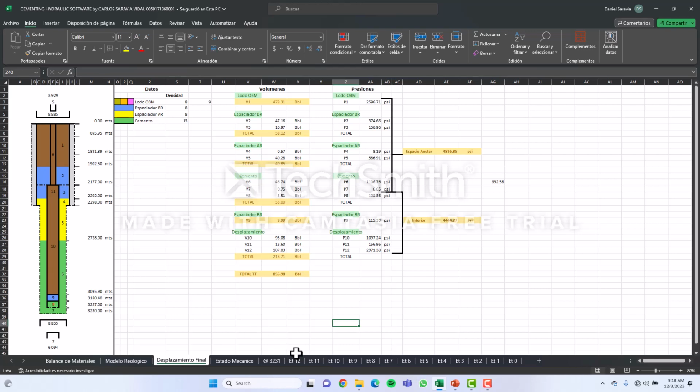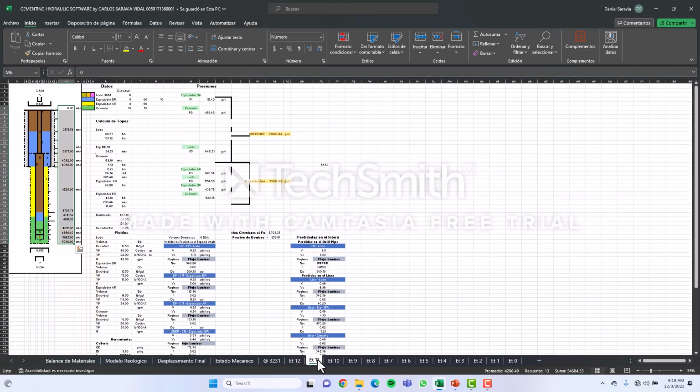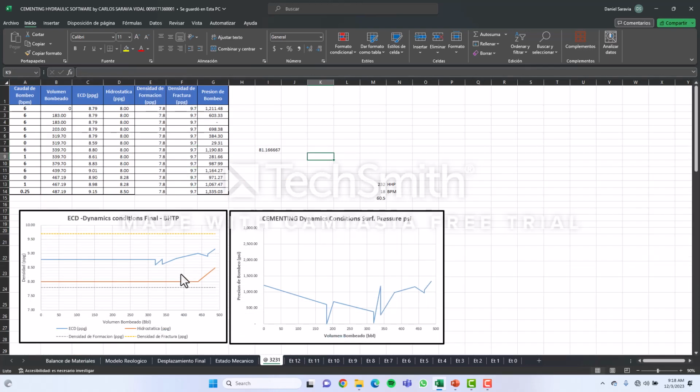That means every tab calculates the ECD in dynamic conditions, to operate under the normal window, where the ECD must always be over the reservoir pressure. Why? Because we need to control the well to avoid any gas inflows, to prevent any blowout.